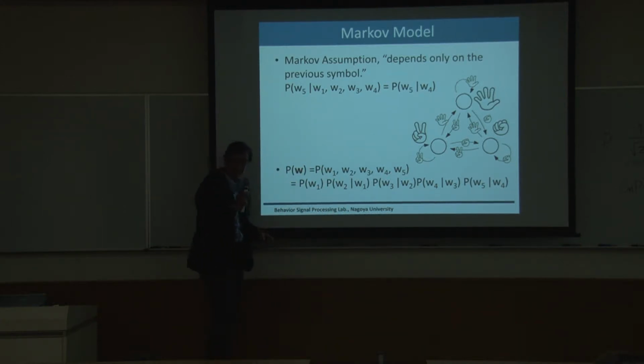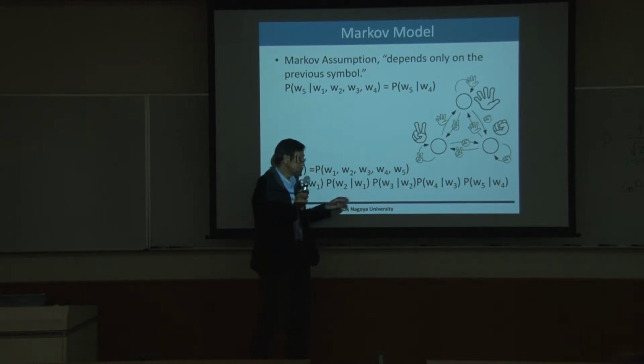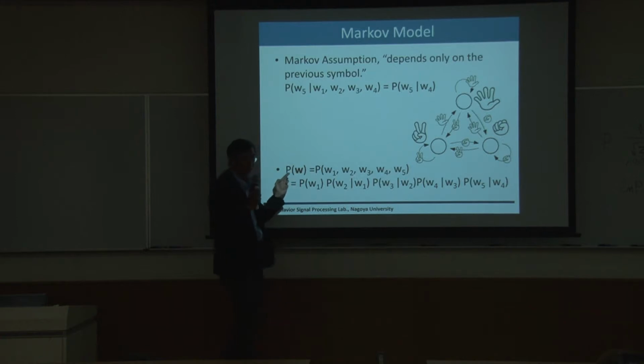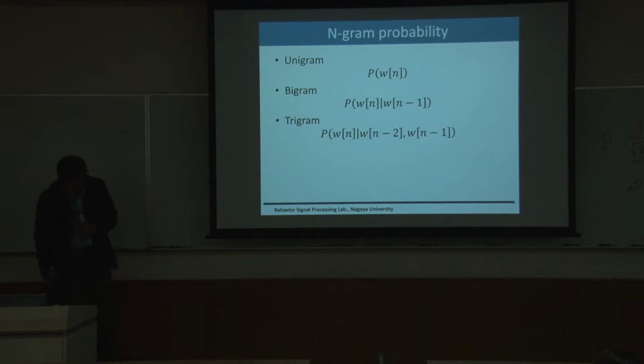So if you have a set of probability values for pairs or sequences of 2 words, you can calculate every combination or sequence of a natural language based on this conditional distribution. And this is called the bigram.